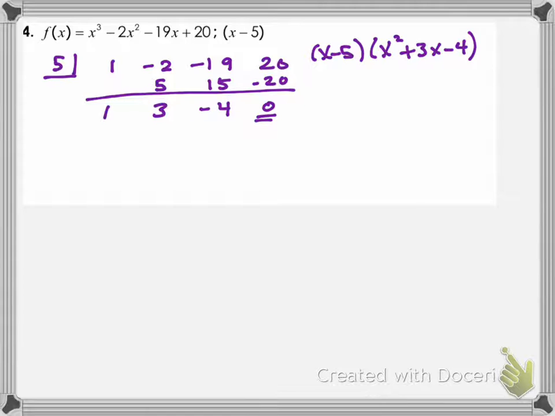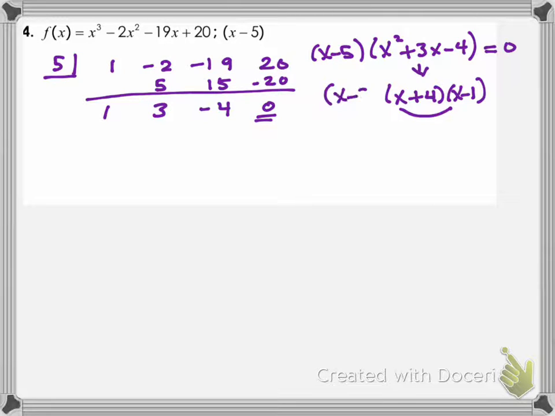Okay, and so now we're going to use factoring to do this one. So isn't this x, let's see, minus 4, that would be 4 and 1, so it would be x plus 4, x minus 1. Double check, that would be x squared minus x plus 4x, so that's your plus 3x minus 4, so that's right.